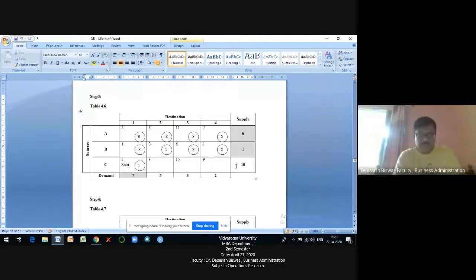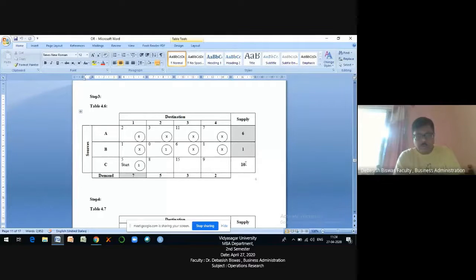But here the situation is reverse. Here the demand is less, but the supply is more, right? But in other cases, supply was less. Now the supply is more and the demand is less. Clear?